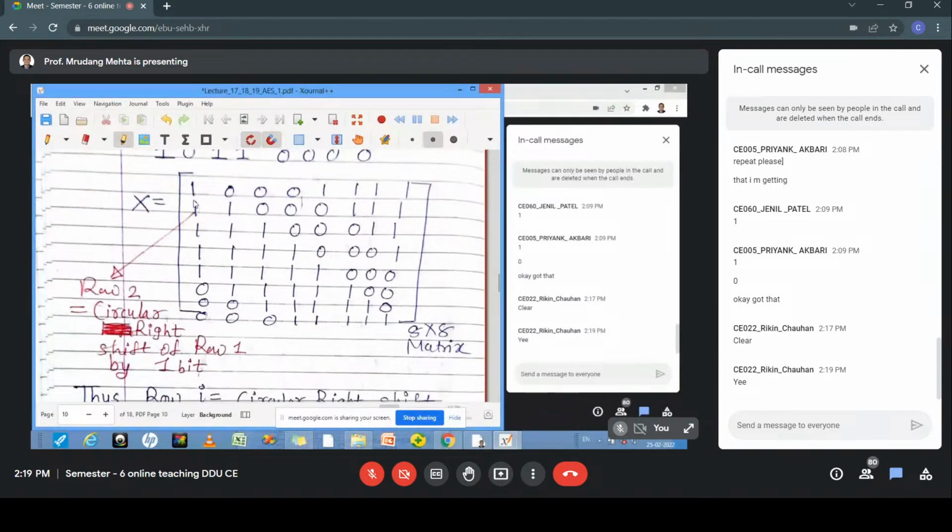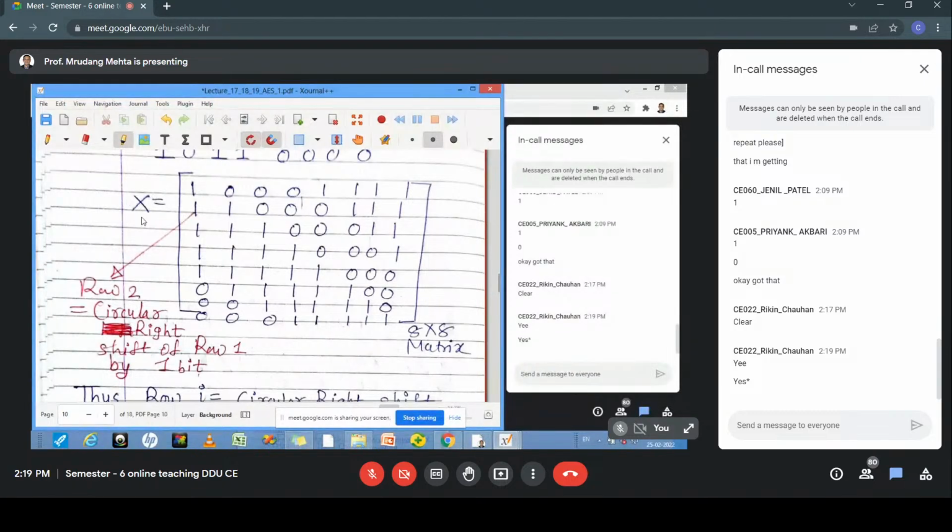Okay, so now we have to take this matrix X. See, if you remember the first row, all other rows you can remember easily. The first row is 1 0 0 0 1 1 1 1. Now in the second row we perform a right shift, so this one comes over here: 1 1 0 0 0 1 1 1.